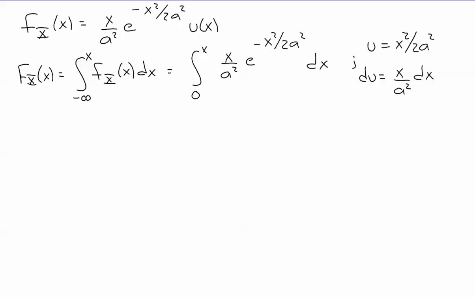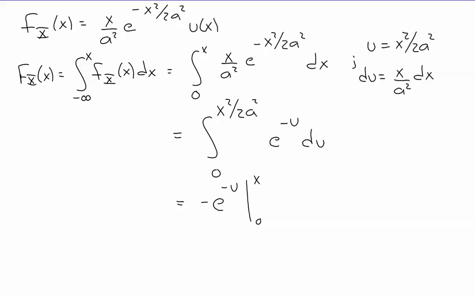Alright. Use my change of variables and also have to change my limits. This gives me the integral from 0 to x squared over 2a squared of e to the minus u du, and that's negative e to the minus u evaluated from 0 to x squared over 2a squared, and this is 1 minus e to the negative x squared over 2a squared.